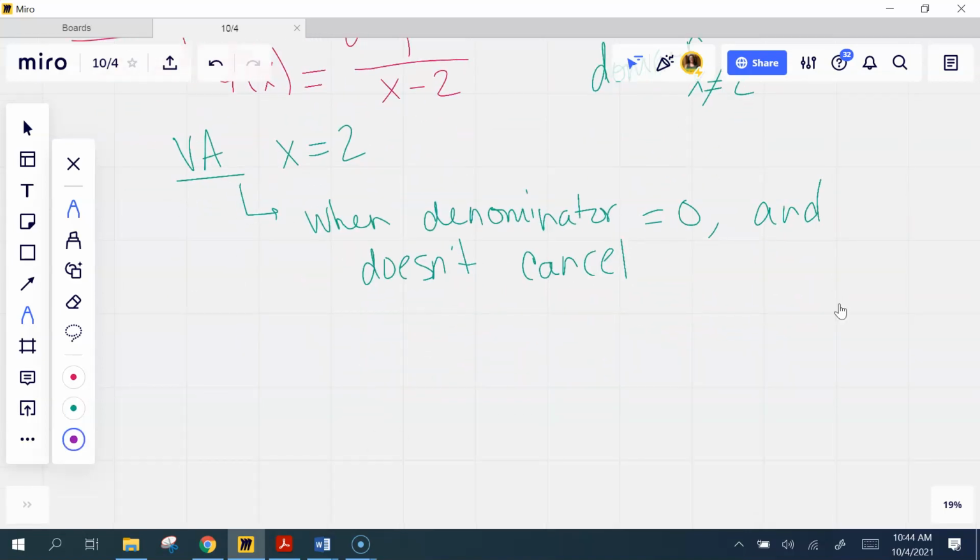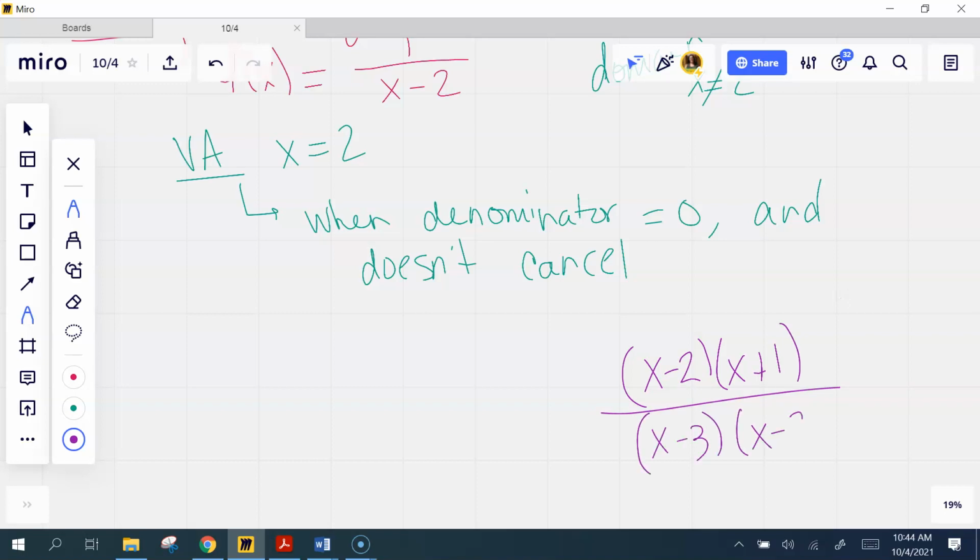Maybe instead of 1 over x minus 2, I had x minus 2 times x plus 1 over x minus 3, x minus 2. And here's my rational function, okay?